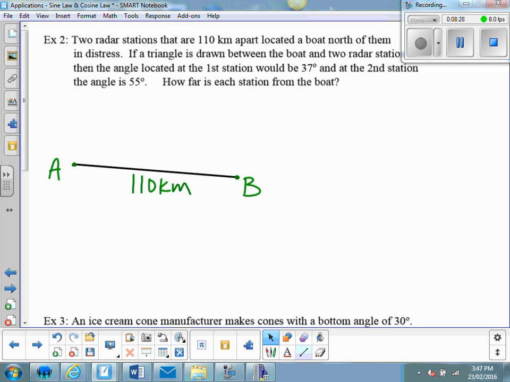There is a boat to the north here, and it's located somewhere to the north here. We'll call that C, so that's the boat. These are the radar stations.